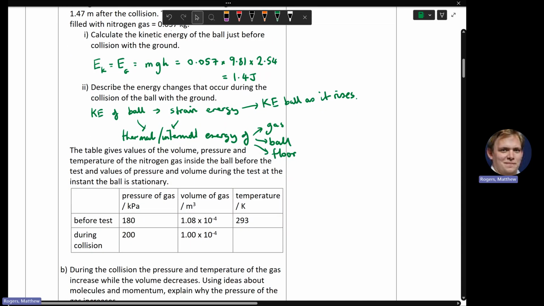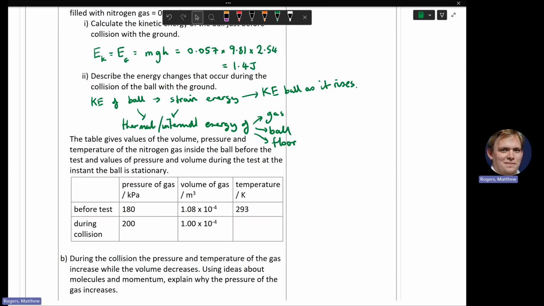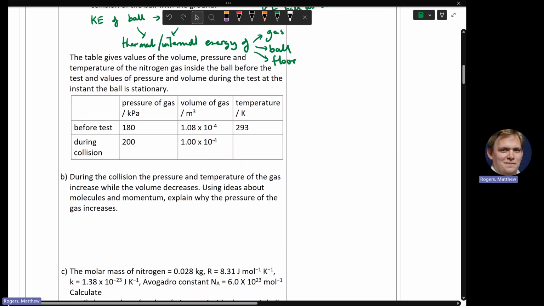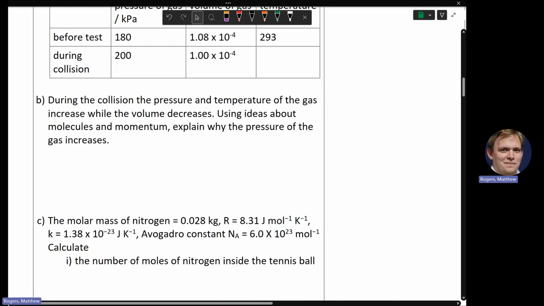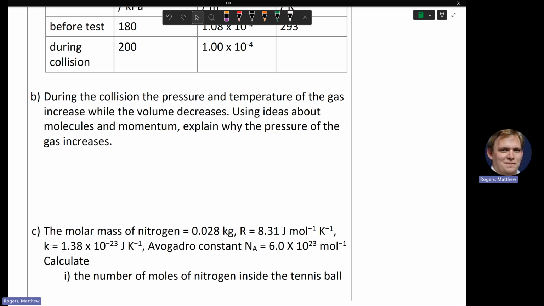The table gives values of the volume, pressure and temperature of the nitrogen gas inside the ball before the test, and the values of pressure and volume during the test at the instant the ball is stationary. During the collision, the pressure and temperature of the gas increase while the volume decreases. Using ideas about molecules and momentum, explain why the pressure of the gas increases.